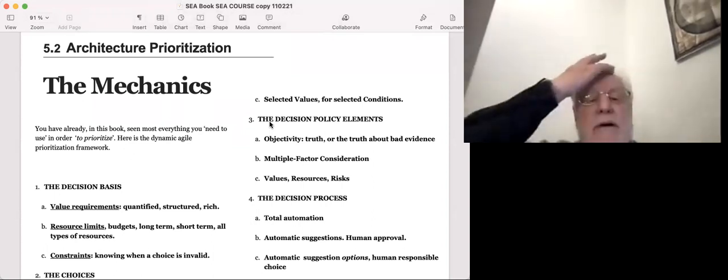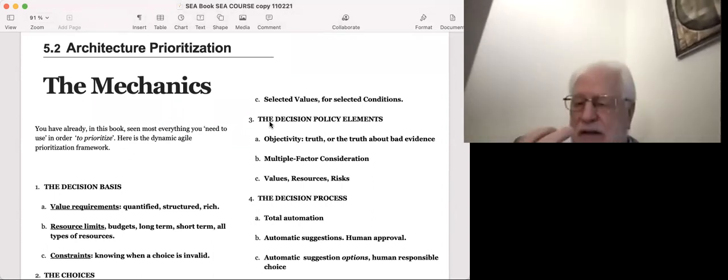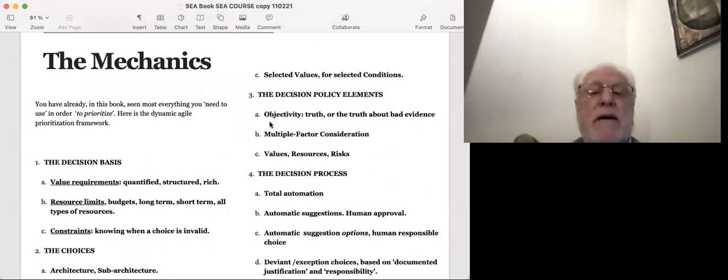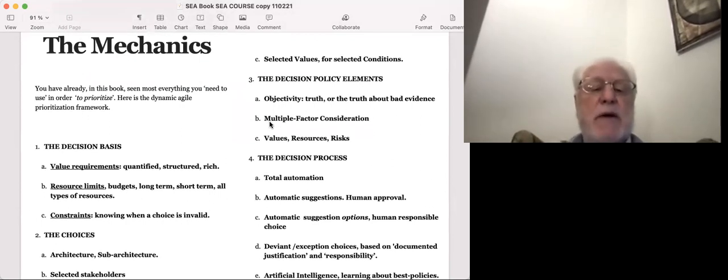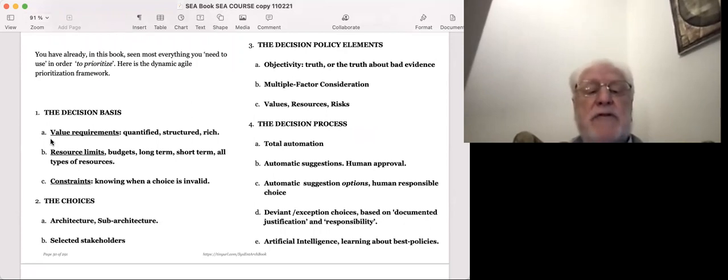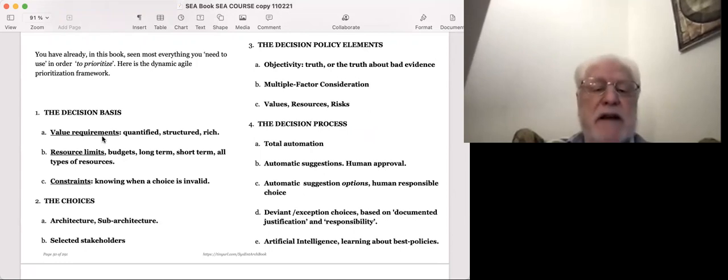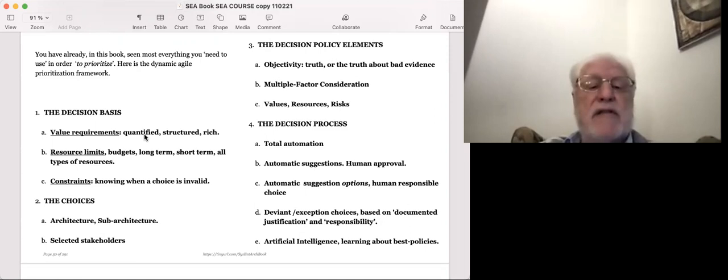Now, here are what I call the mechanics, the tools of my architecture prioritization, the dynamic one. First is, as we talked about earlier, that we have quantified our critical stakeholder value requirements. This means, for example, we've quantified our qualities like security, user friendliness, maintainability, technical debt, and any other values we have, such as the privacy value or organizational flexibility, anything that the critical stakeholders say they want.